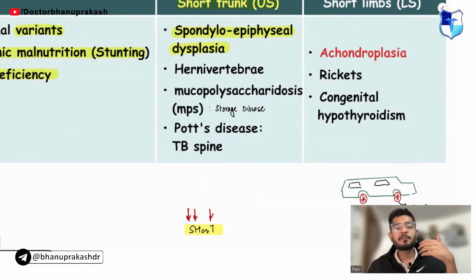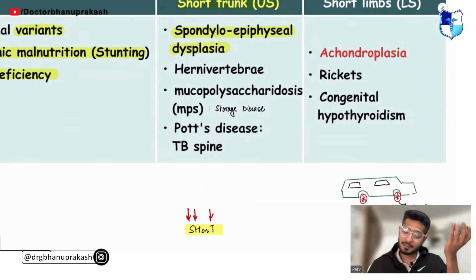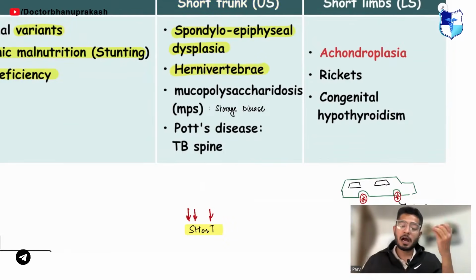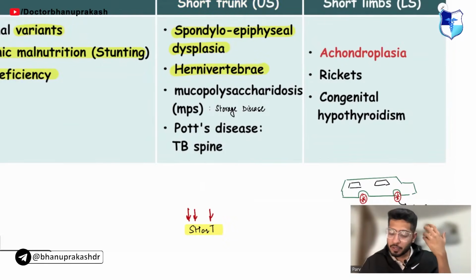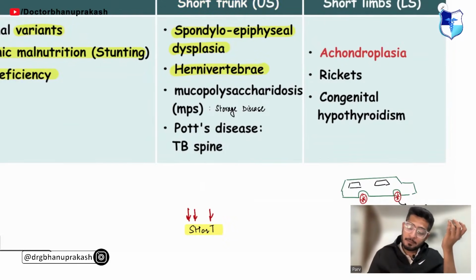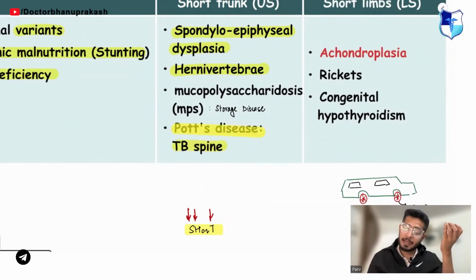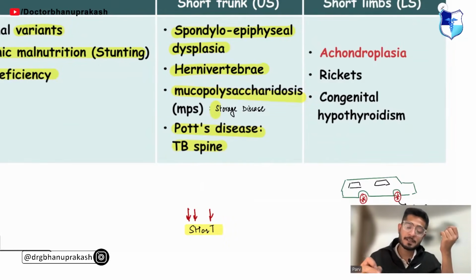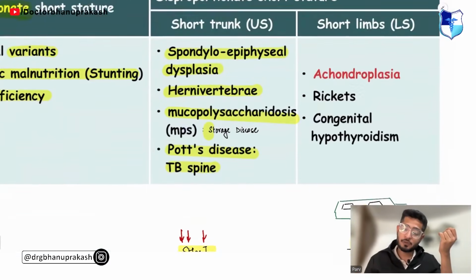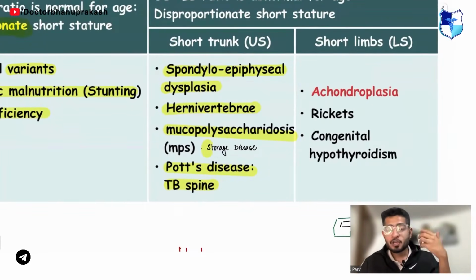H is hemivertebrae. T is for TB spine, which is also called Pott's spine. And S for one storage disease also, that is called mucopolysaccharidosis. So this is the mnemonic you can use to remember disproportionate short stature.